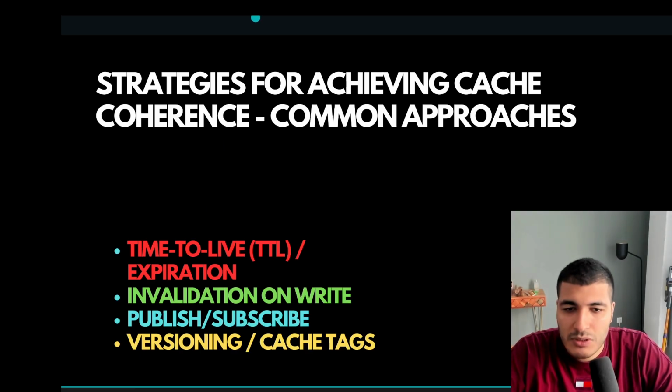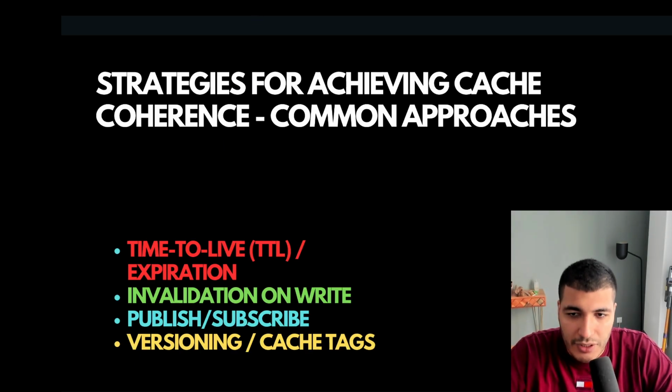Okay, let's talk about some strategies for achieving cache coherence. While there is no single magic bullet for perfect coherence, several common strategies help to manage it. First, we have time to live, or TTL. Basically, how it works is each cached item is given an expiration time. After this time, the item is automatically removed or considered stale.